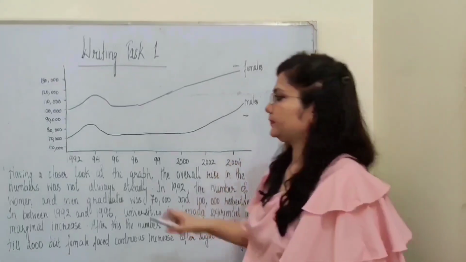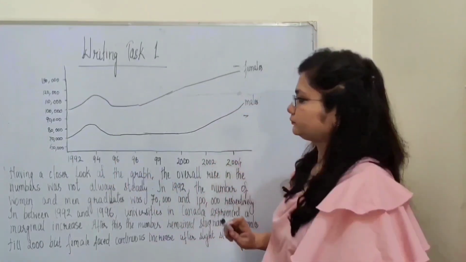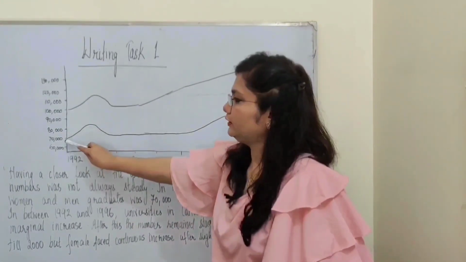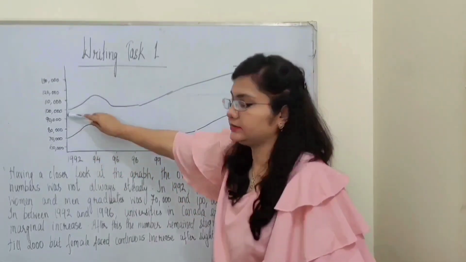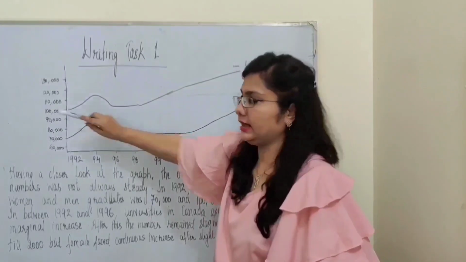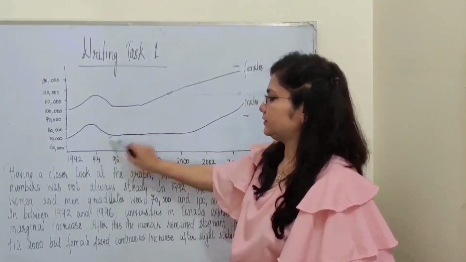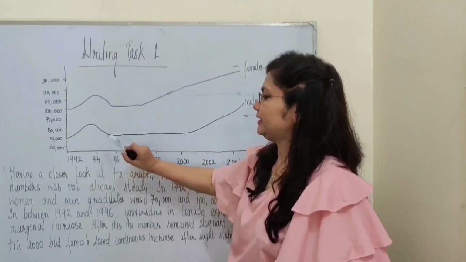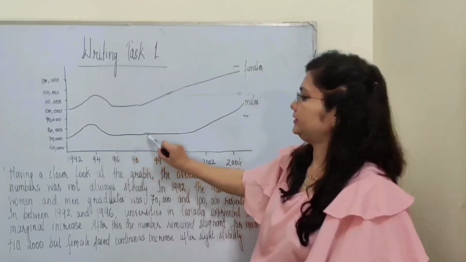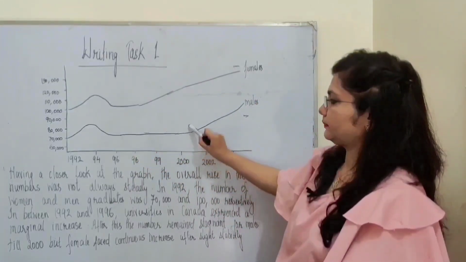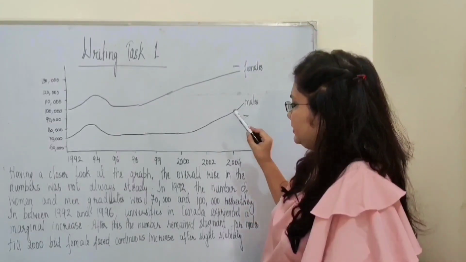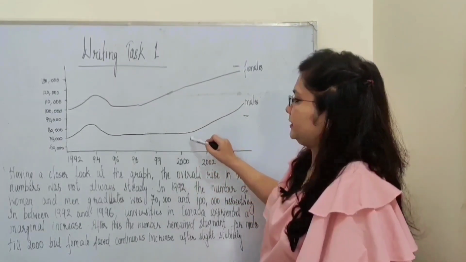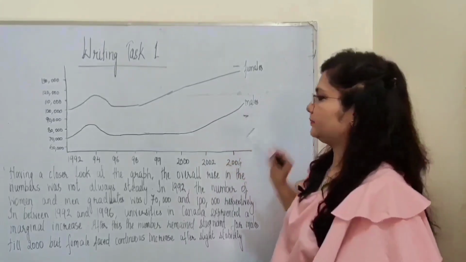So, if you see in 1992, the number of male was 70,000, whereas the female were higher than them and it was 1 lakh. After that, there was a stable phase from 96 to 2000 in case of the male, and after that in 2000 it experienced an increment.